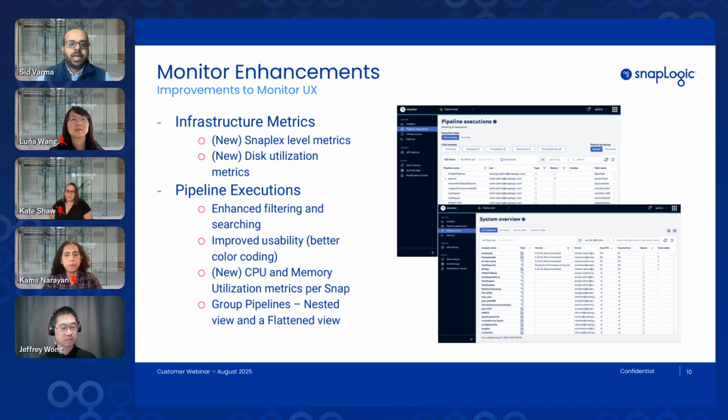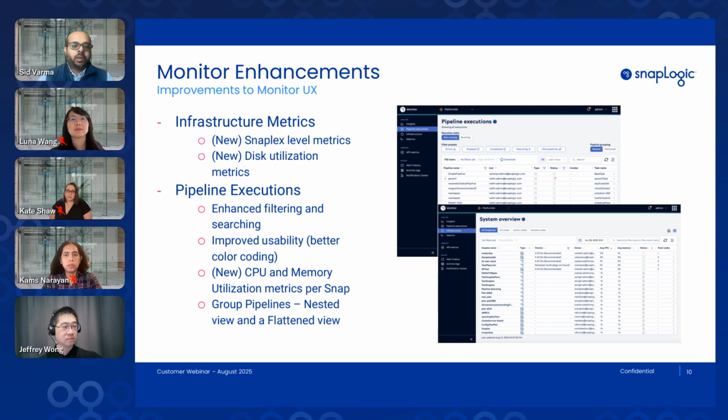Next slide, please. What are some of the changes coming in Monitor? In terms of enhancements for the infrastructure level metrics, we can see a new Snaplex level metrics capability that lets you observe your metrics at the Snaplex level, not just node level. We also are surfacing disk utilization metrics.